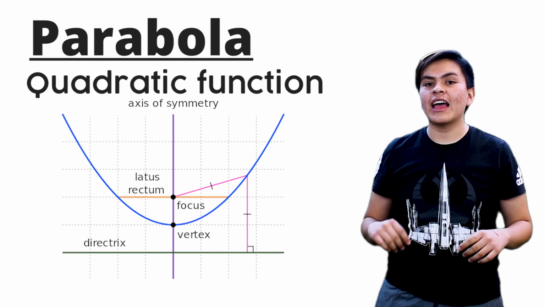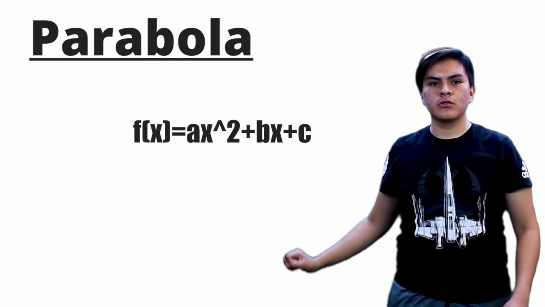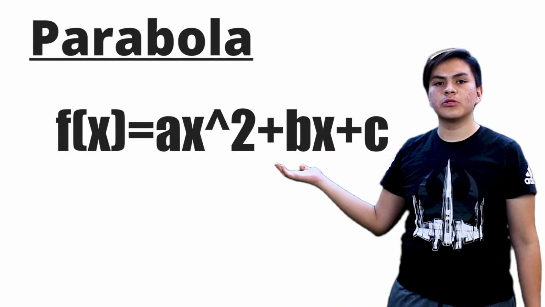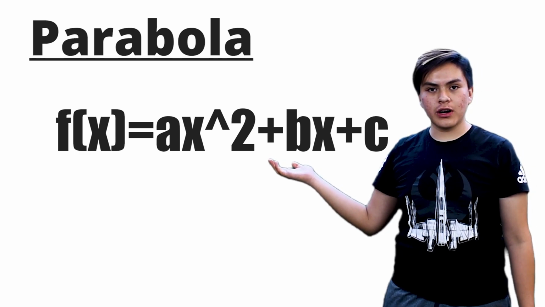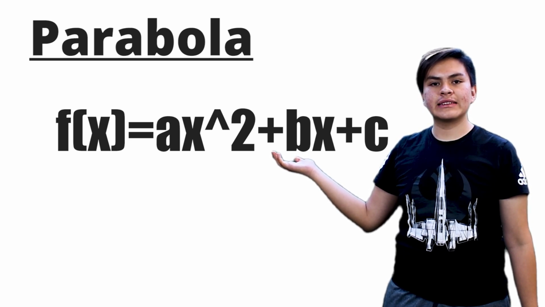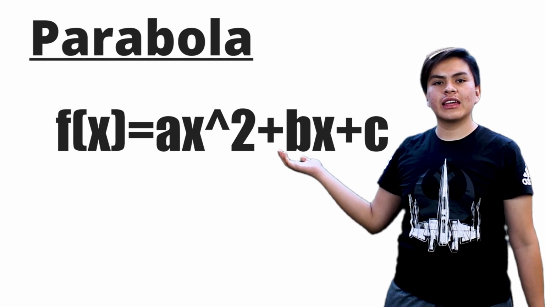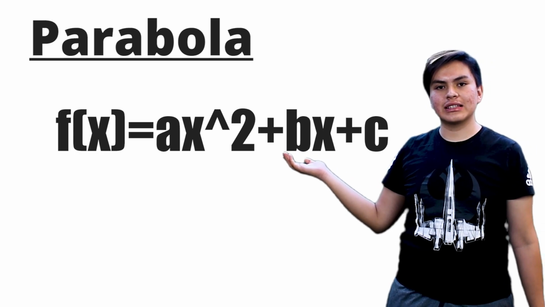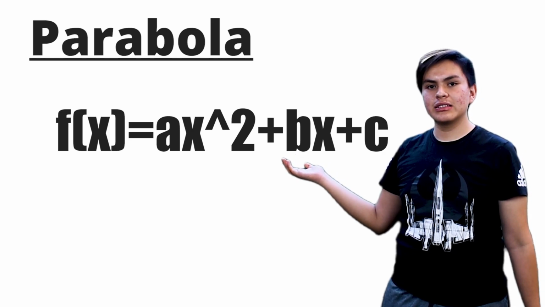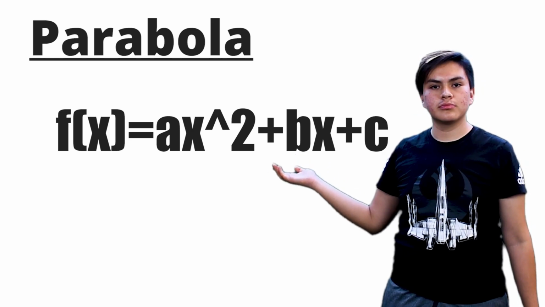The general formula is the next. f of x is equal to a x squared plus b x plus c, where a is the quadratic term, b is the linear term, and c is the independent term.